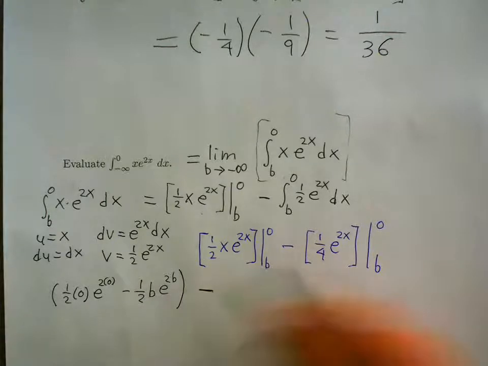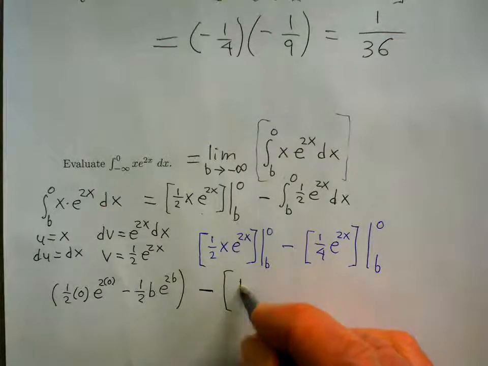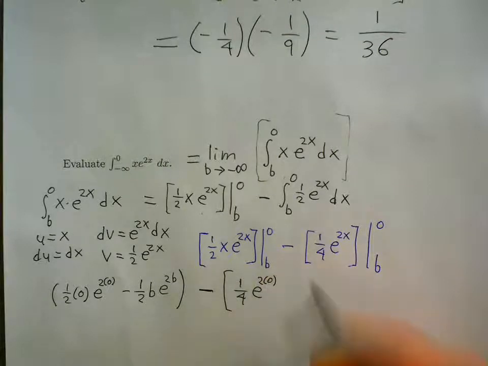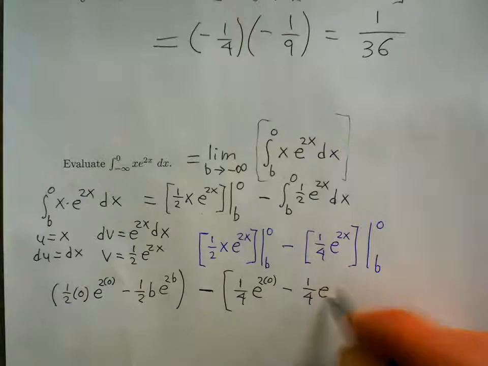And then we're going to subtract 1/4 times e to the 2 times 0. And then inside this grouping symbol, we're subtracting 1/4 times e to the 2 times b.